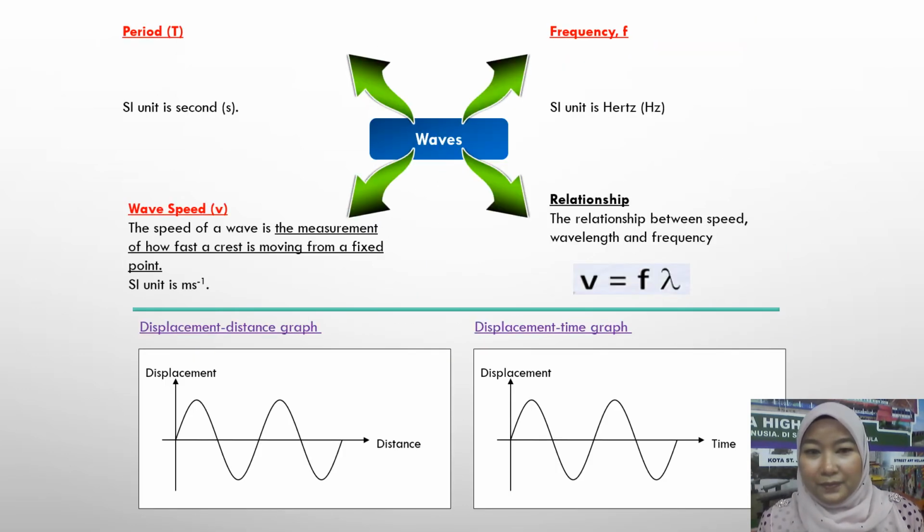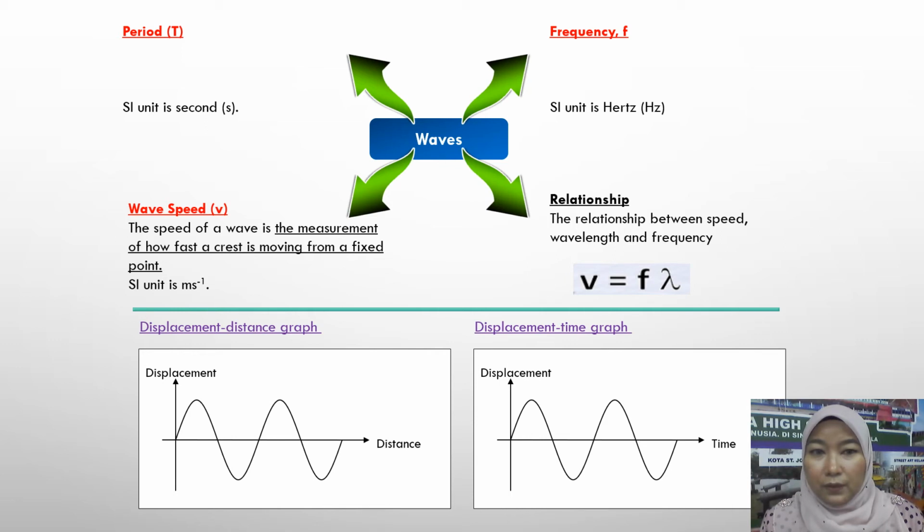Okay, again, what is frequency? Frequency is the number of oscillations in 1 second. Frequency is measured in hertz. What is period? Period is the time taken for one complete oscillation.